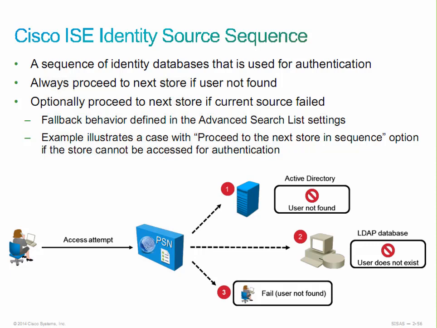EAP-MD5 and CHAP are going to be supported only with the internal database and not with the other three options. And with EAP-TLS and PEAP-TLS, we're going to be able to support authentication and certificate retrieval. For EAP-TLS, we're talking about certificate retrieval, not user authentication, with our internal database, with Active Directory, with LDAP, and so on.